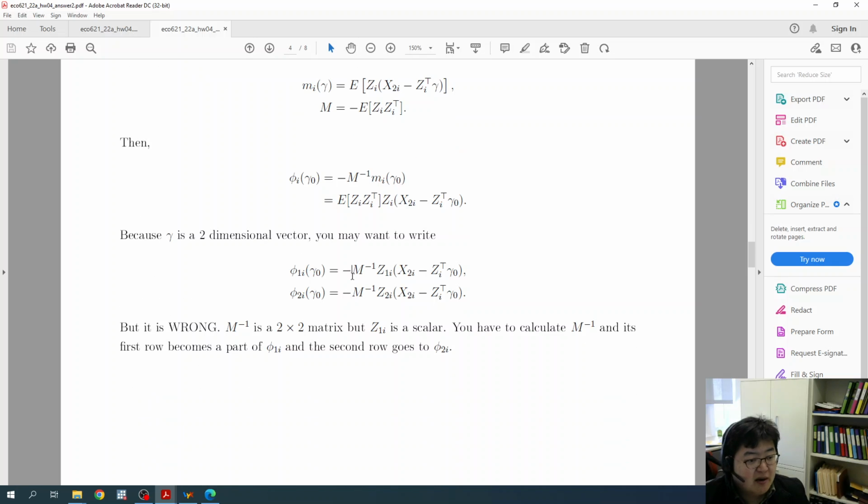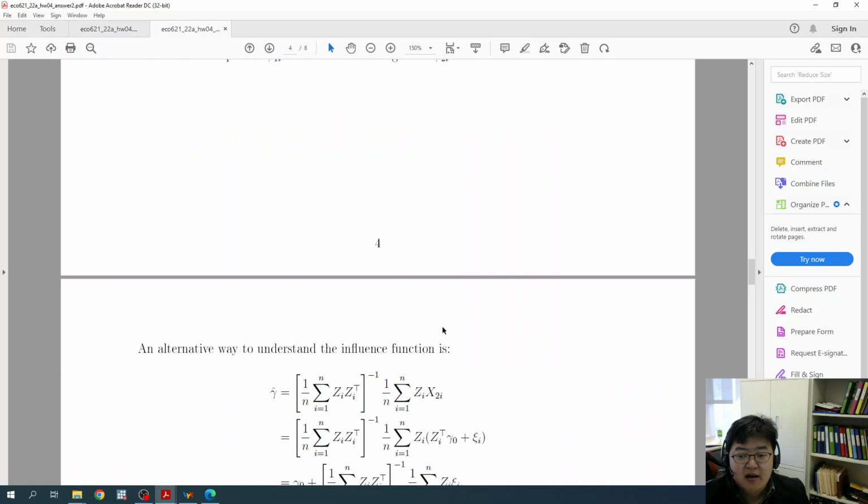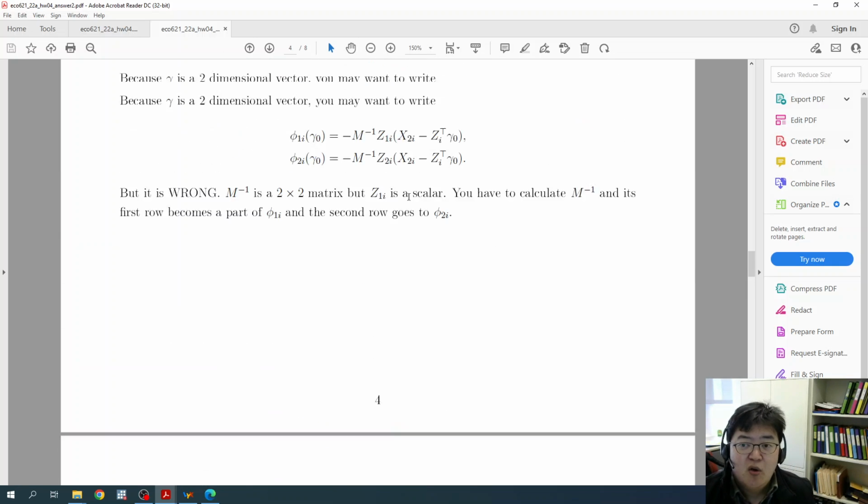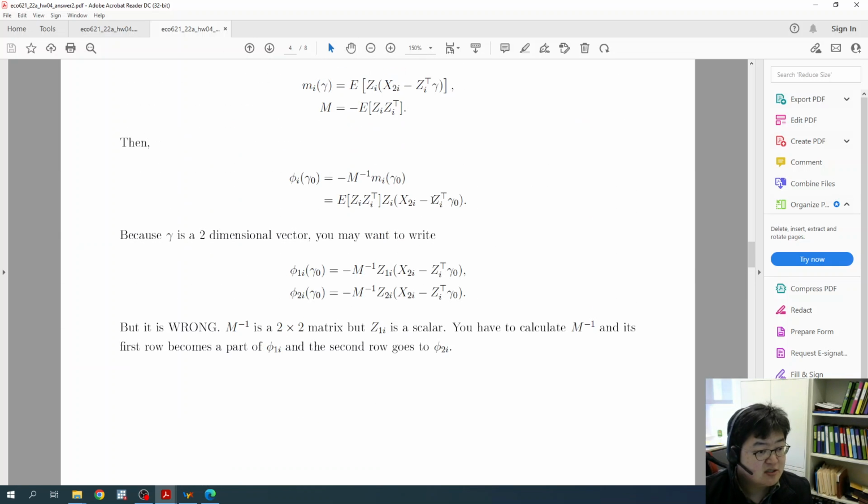The reason why the question is that complicated is because you have to calculate the matrix inverse of M. That's a problem. However, if you follow the notation in the lecture note, you can easily obtain the results.